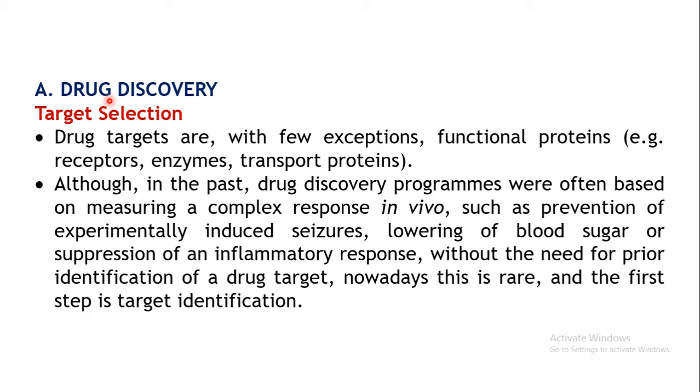There are several steps which are supposed to be carried out as a drug is discovered. You just can't take a chemical and declare that yes, it can be effective in lowering the blood glucose level or the blood pressure. You need to identify several targets. You need to see how it interacts with that target.